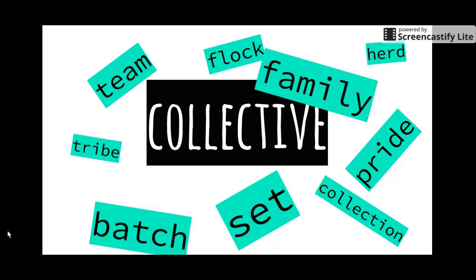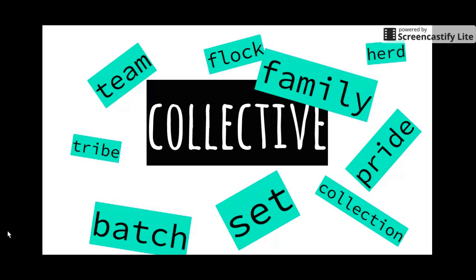You've got groups of people like team or tribe or family. You could have groups of animals like herd, flock, or pride. And then you could have groups of stuff like a set, a pair, a batch, or a collection. These are all examples of collective nouns. It's one thing, but it's one thing that contains a lot of things.